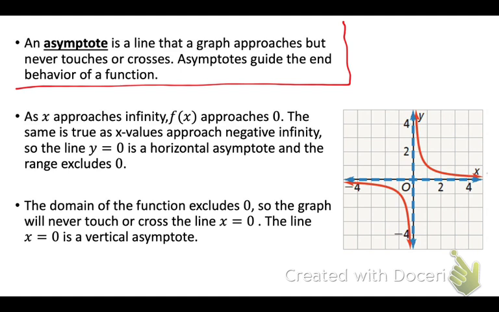Horizontal is the end behavior. So specifically, asymptotes guide horizontal. Guide as x approaches negative and positive infinity.